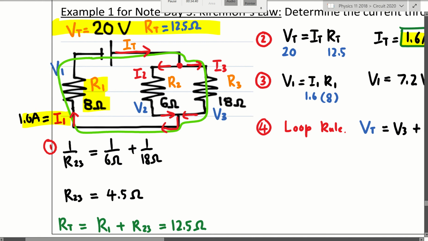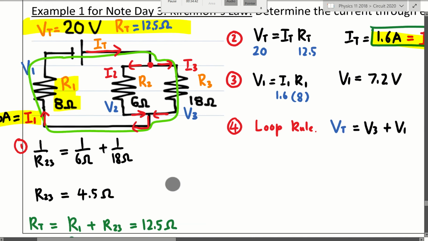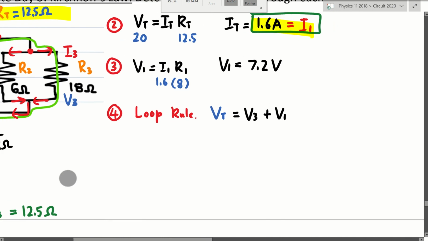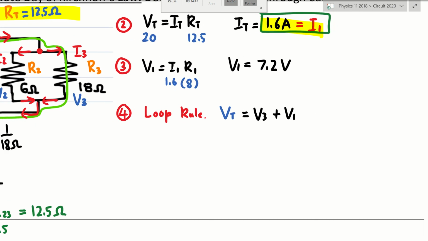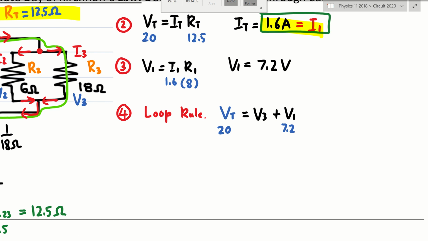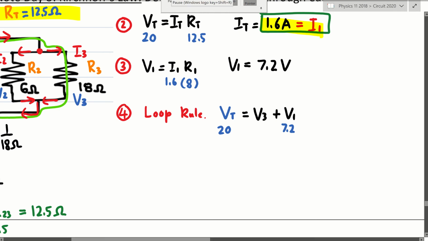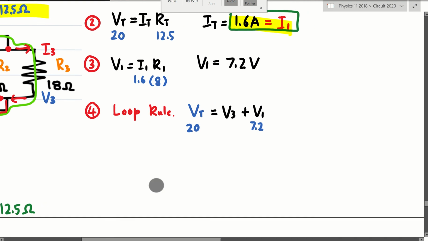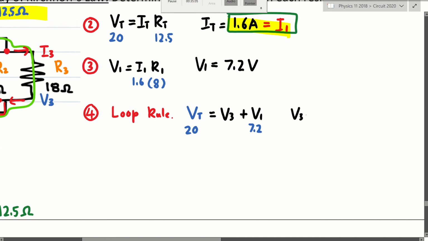So therefore, this gives us a very quick way of finding out what V3 is, because we have V1 already from the top, 7.2. I pick up 20 pizza, I drop 7.2 at V1, so V3 must be the rest of it. So V3 is then done.